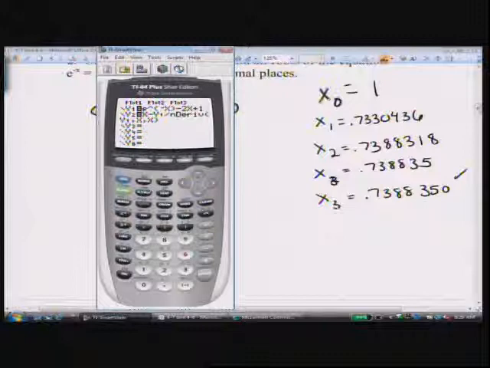And then you'll always put your original function in y1, or whatever the function is that you're trying to find the 0 for. Okay, comma, where's the comma? It's above the 7.